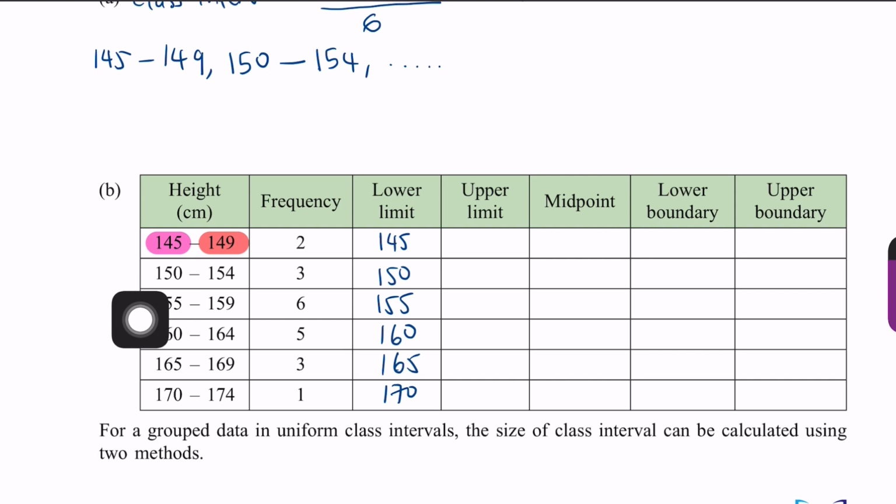The one in front is the lower limit, remember limit. Next, the upper limit is the one on the upper side. So we have 149, 154, 159, 164, 169 and 174. Easy, right?